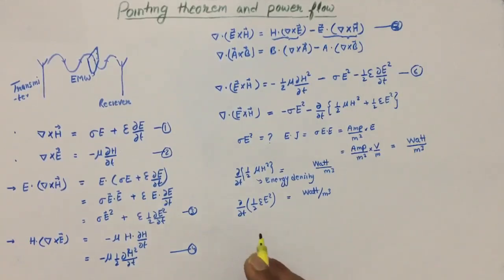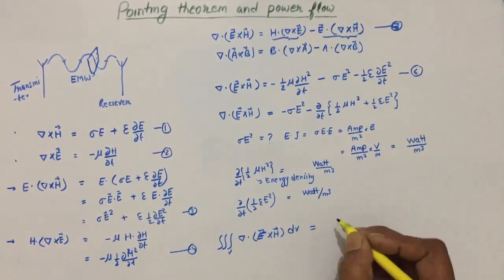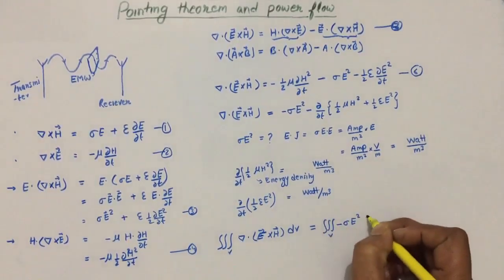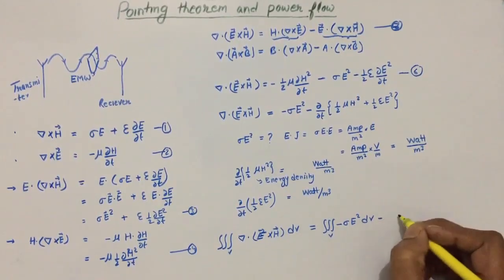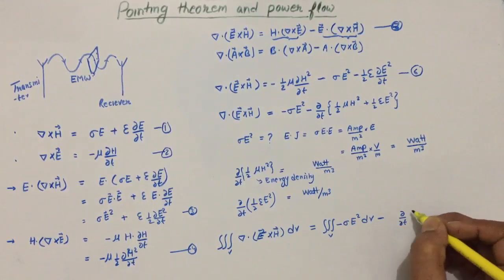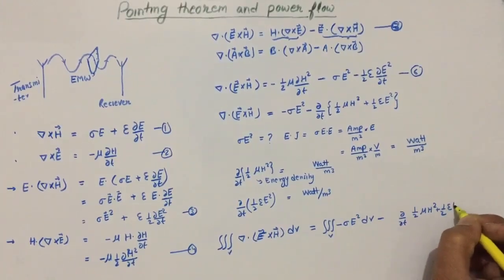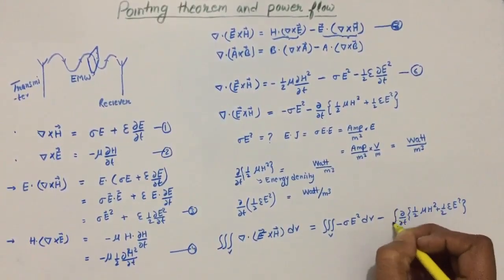So let us do that. For that purpose we will take del dot E cross H and integrate this over a given volume dV, which is equal to minus sigma E square integrated over the given volume dV, minus del over del T of half mu H square plus half epsilon E square over the given volume.